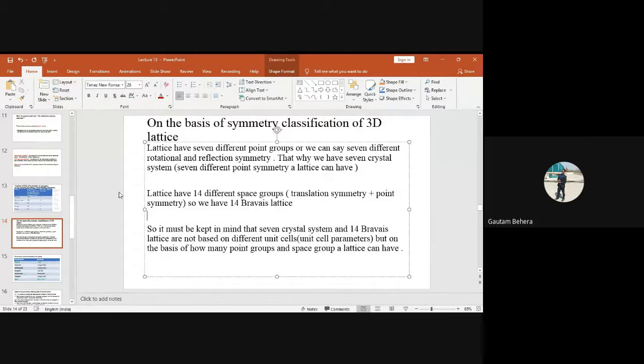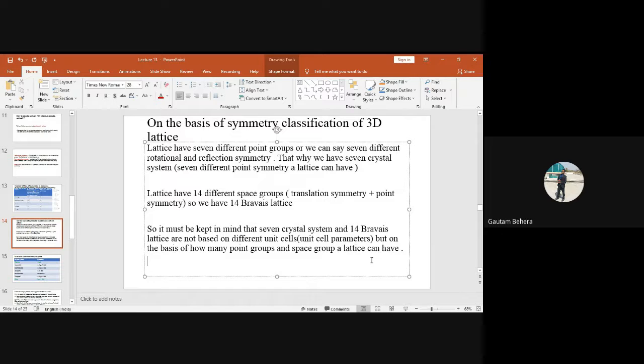A space group consists of translational symmetry and point symmetry, and point symmetry means reflection and rotation. So it must be kept in mind that the 7 crystal systems and 14 Bravais lattices are not based on different unit cell parameters, but on how many point groups and space groups a lattice can have.